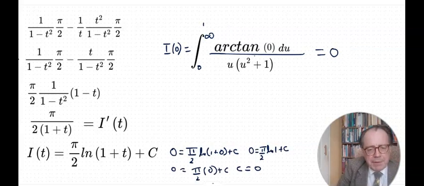And so we discover that 0 is pi by 2 times ln 1 plus c, so that 0 equals 0 plus c, so that c equals 0.